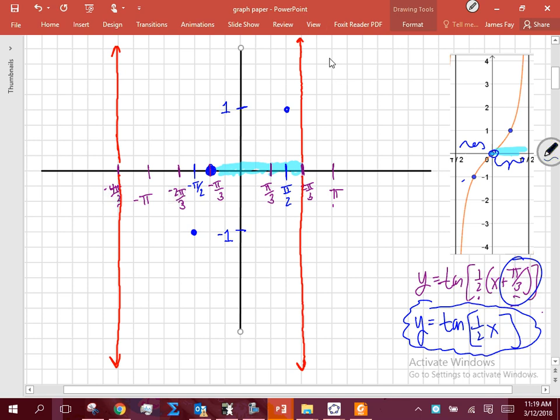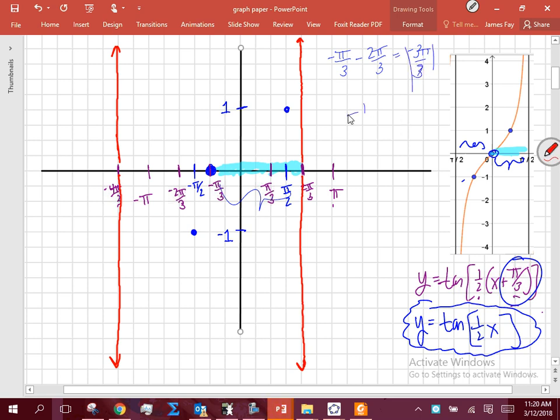Does that make sense? So I could say, if I go negative pi over 3 minus 2 pi over 3, I'm just trying to figure out what that distance is. We should know that it's pi already, but just doing the math, we get negative 3 pi over 3, but distance should be positive, so I take the absolute value.